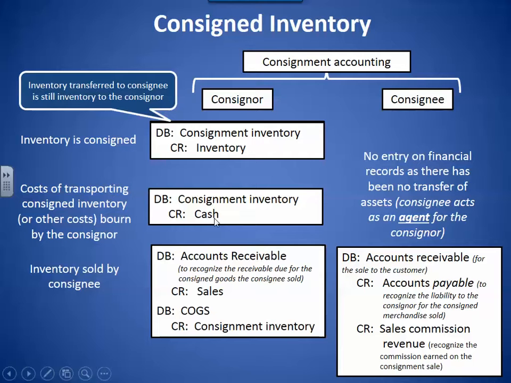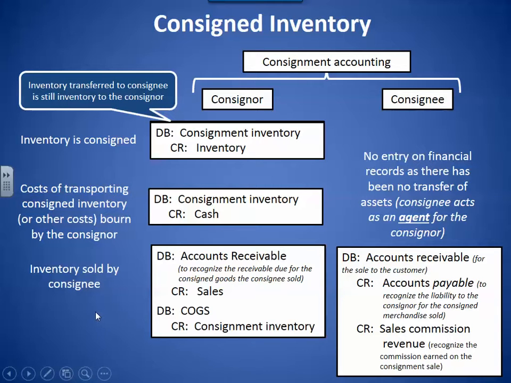It could have been payables or any other liability account. And again, the consignee shows no entry, because they're receiving the consigned inventory but there's no transfer of title, as the consignee acts as an agent for the consignor.